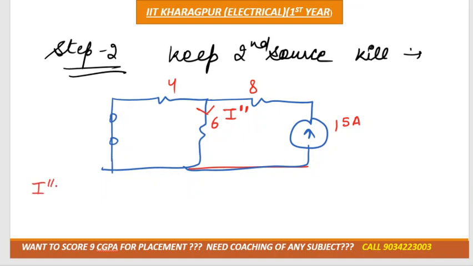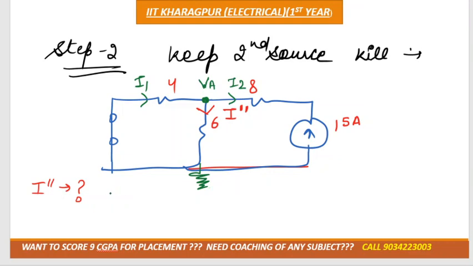Now we need to focus on how we can get the value of I double dash. Again, as you can see, this is a node because in every branch current is flowing, right? So this is node VA, this one is grounded, correct? This one we can consider as I1, this as I2, and this as I double dash.